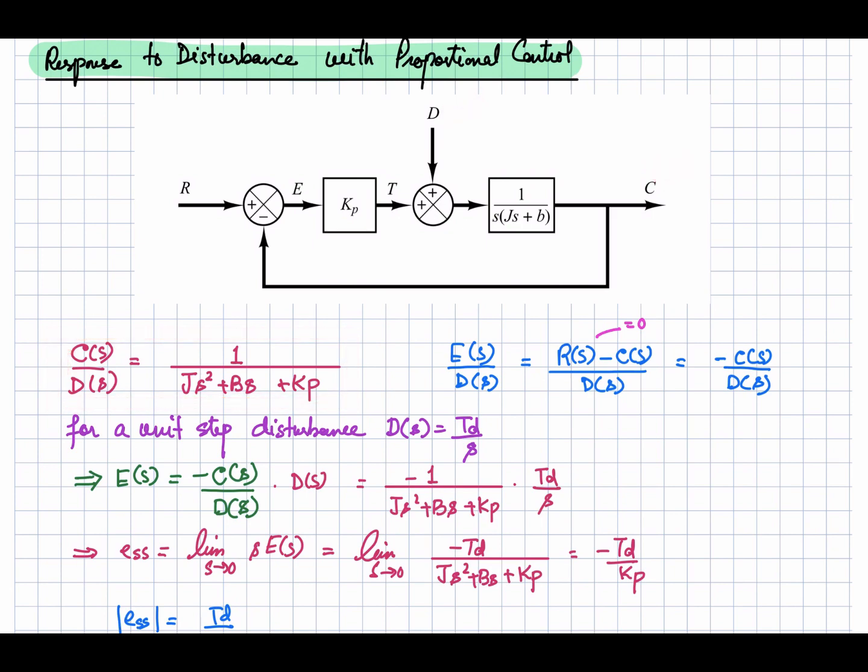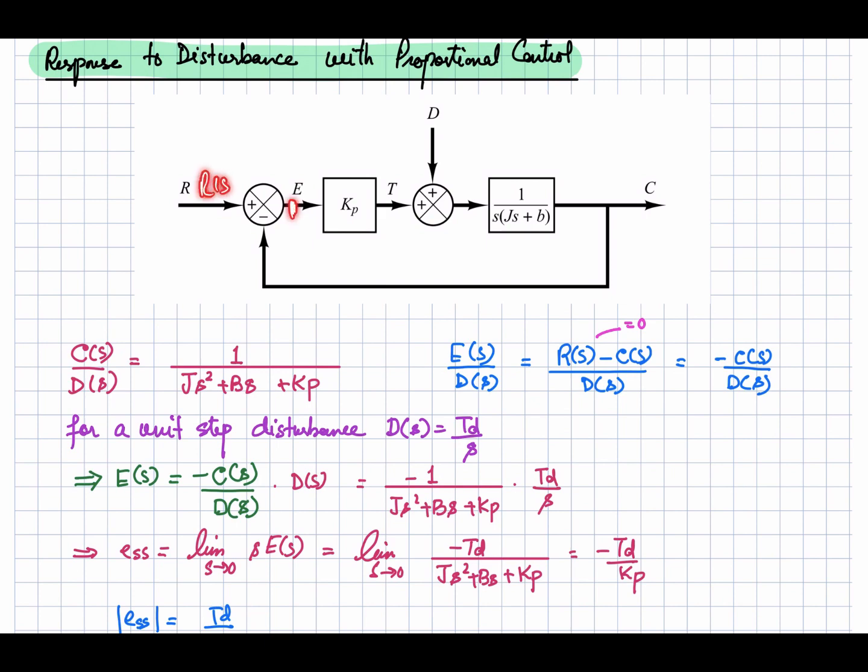Okay, so now we can write down this equation as well, that E(s) divided by D(s), that's the error compared with the D(s), right? So that will be equal to (R(s) minus C(s)) by D(s), right? So error is this one.